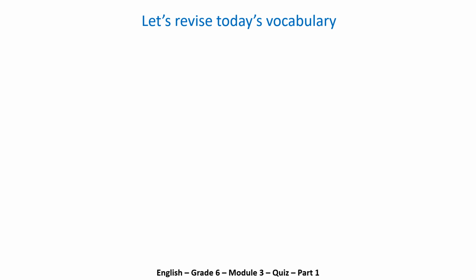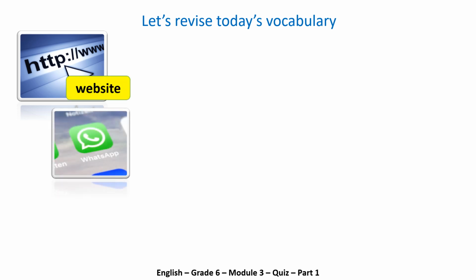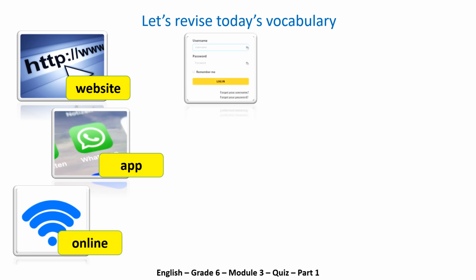And now it's time for revision. Let's revise today's vocabulary that we have learned till now. This picture is the picture of, thank you, website. This one represents, excellent, an app. And this one is a sign of online.